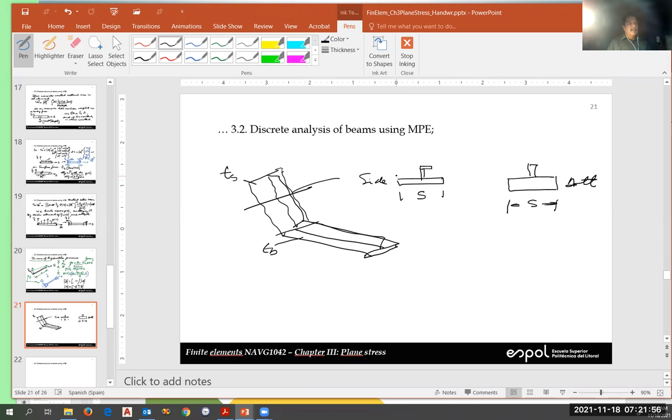We have to calculate where the neutral axis is, and then calculate inertia with respect to that axis. Similarly for this case. In general, if you have a bottom with different thickness than on the side, you will have two values for the inertia. And that's something that we can handle easily with finite elements, because we can take a bending stiffness for every element, and we can set it different. So there's no big problem for that.